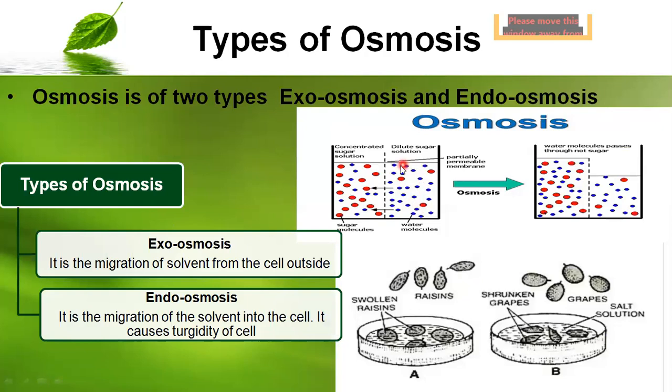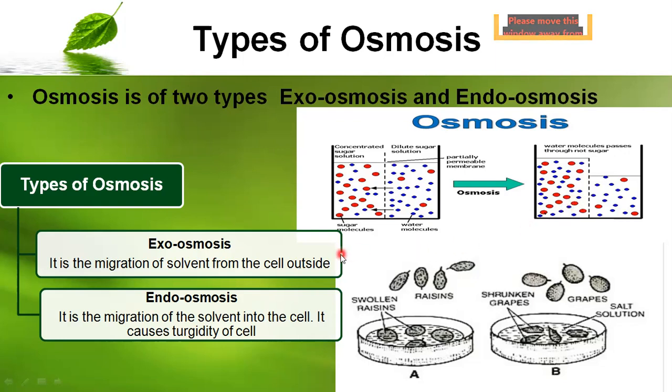Obviously the water from here will enter this side where the solvent proportion is less. Through the partially permeable or semi-permeable membrane, the molecules cross the membrane and enter this side. This process is known as osmosis, and the water molecule passes through, not the sugar molecule.